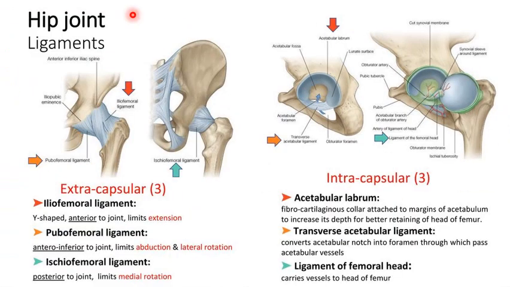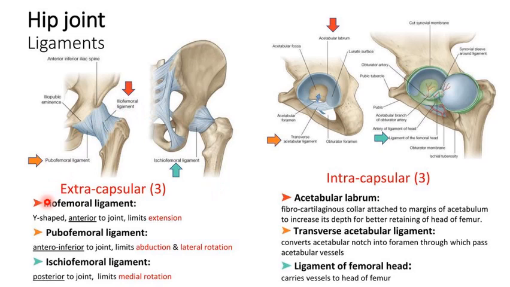Now let's see the ligaments of the hip joint. There are extracapsular ligaments and intracapsular ligaments. There are 3 extracapsular ligaments and 3 intracapsular ligaments.